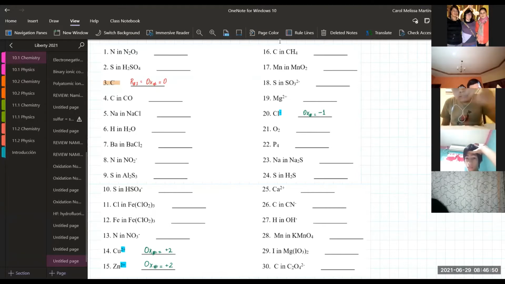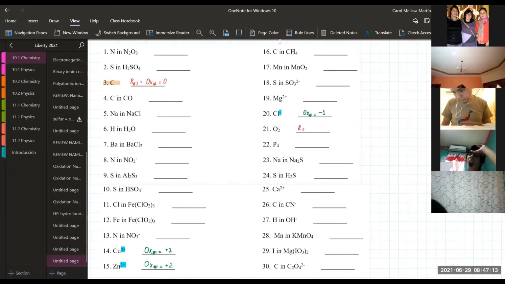Okay, let me show you the 21 and the 24. In 21 and 24, we just have one element, and they're not combined to other elements. So when this happens, we say that the oxidation number is 0 because of rule number 1, okay?